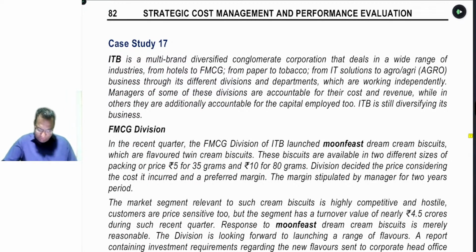Bhaumik has answered: do we have to add the benchmarking point in all the cases whenever we are asked to evaluate the value for money, as given in question number 11.1? No, beta, not necessarily. I already told you that whenever an answer is being drafted by the board of studies, they have to cover each and every aspect. They are trying to cover 100% of the concepts that might be possible in that particular case.